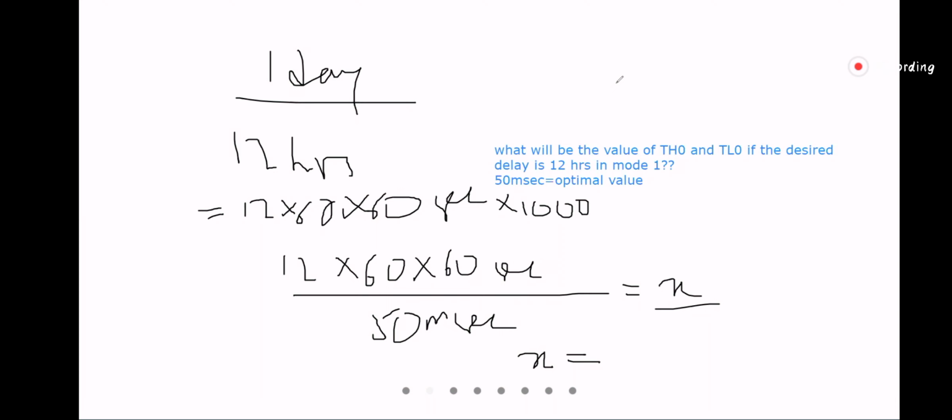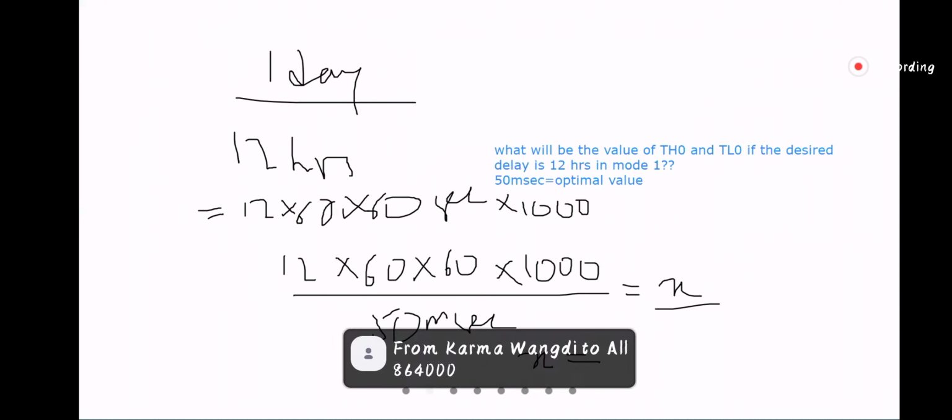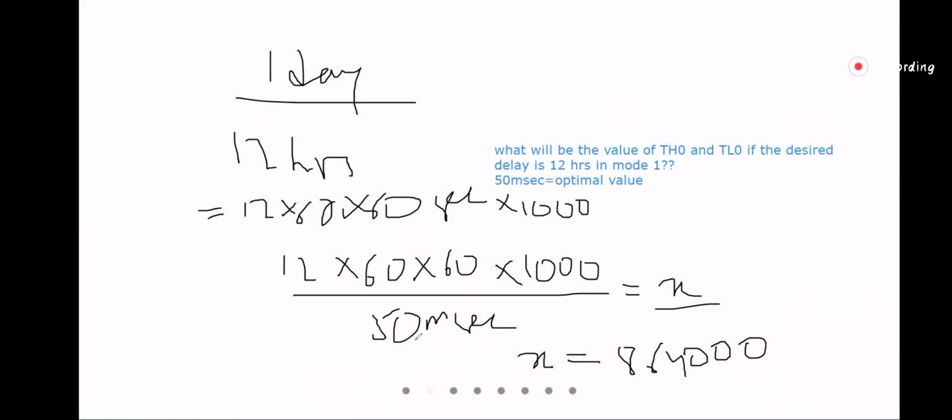So into 1000 here. What will be the value of x? 8,64,000 times you have to run this 50 millisecond.